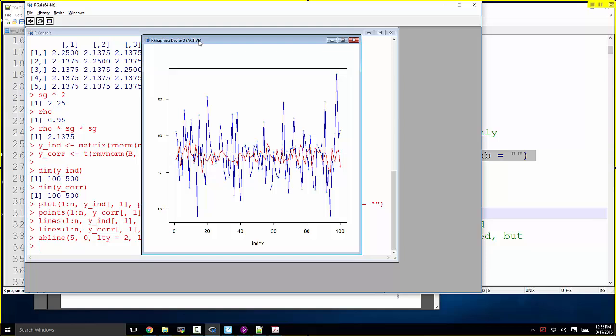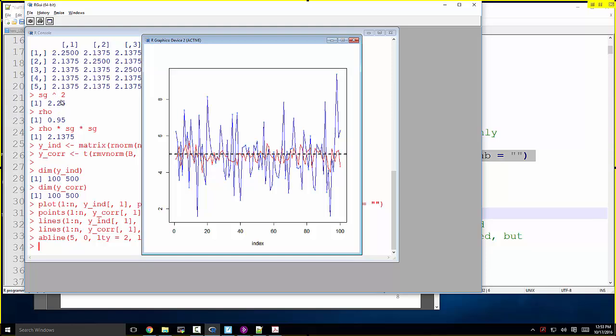So what you can see is that blue has more variability than red. In fact, the variability of blue is this 2.25 variance. But the red, the variability within this sample is much smaller than this 2.25.